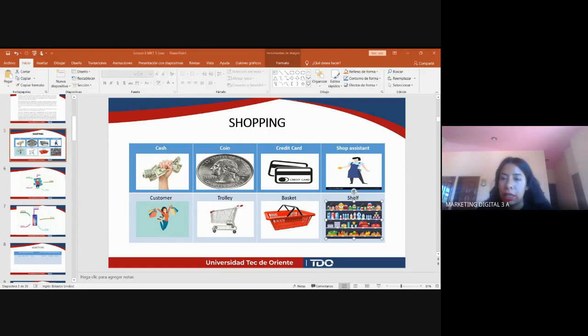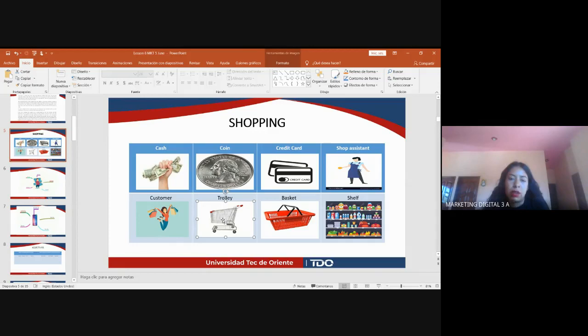Where is trolley? I think that trolley is very easy. This kind of small car, nosotros le llamamos carritos. Well, es como le digo yo. So those are trolleys.